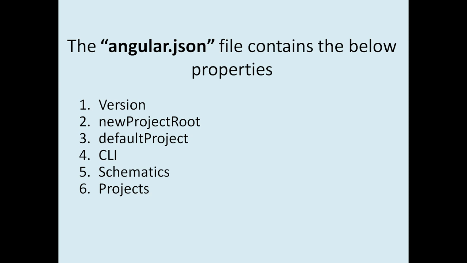Next we have schematics, which are configuration options for schematics. Last one is projects, the configuration options for each project in the workspace, and it contains root, source root, project type, prefix, schematics and architect. Architect means the project configuration for architect targets.